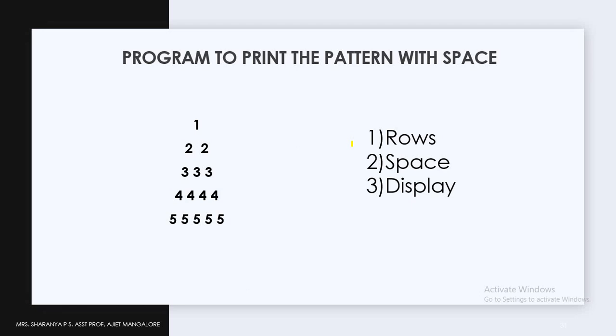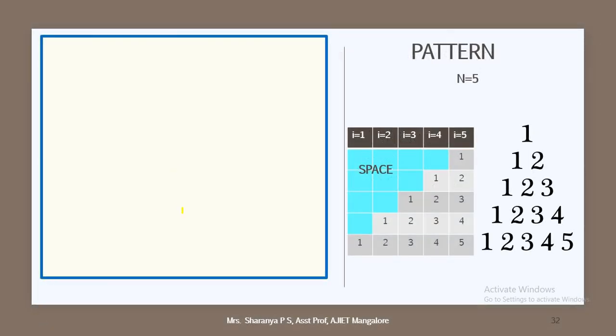Now how we can print with numbers is the discussion I'm going to do next. As I discussed previously, here we could see it first prints the space and then prints the numbers, which indicates that we need to run 3 different loops. The first for loop is dedicated to printing the numbers.